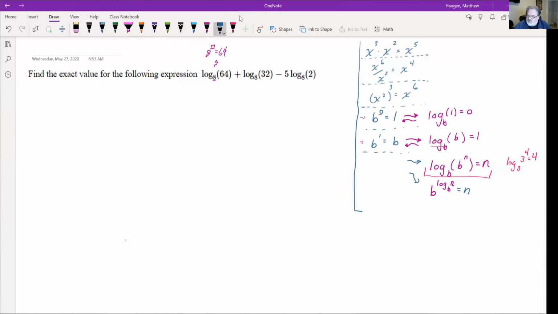The exponential version of these is that b to the n is equal to b to the n. That's the exponential version. But the point of all this was to talk about those first three, because they're the ones that give us the weird properties that we want to use on this problem.